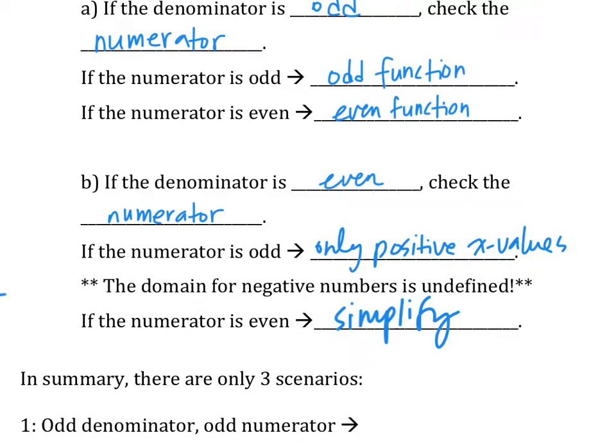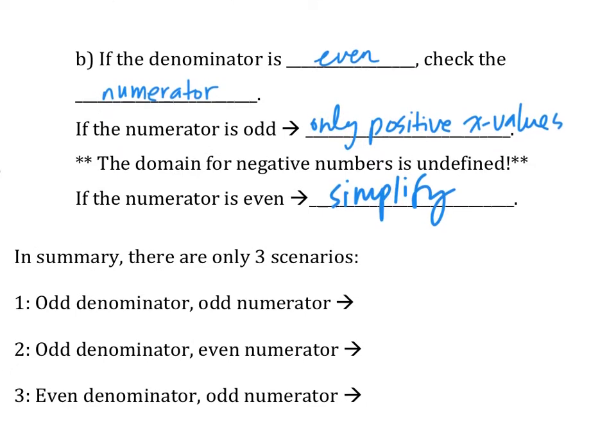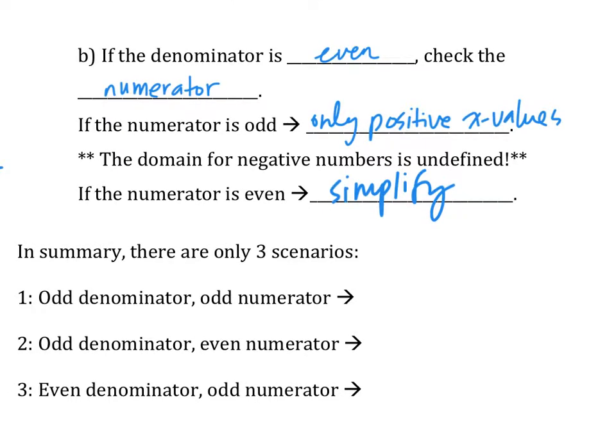All right, so let us summarize. You really only have three cases. Odd denominator, odd numerator, odd function. Odd denominator, even numerator, even function. Even denominator, odd numerator, only shows up on the positive side.